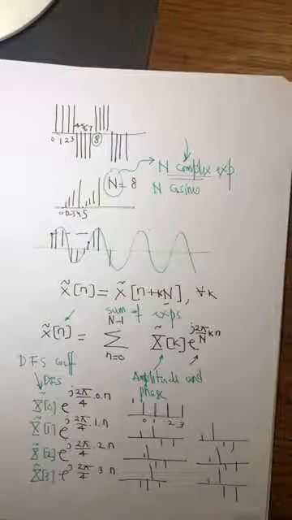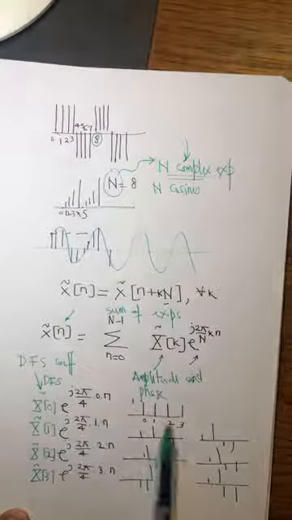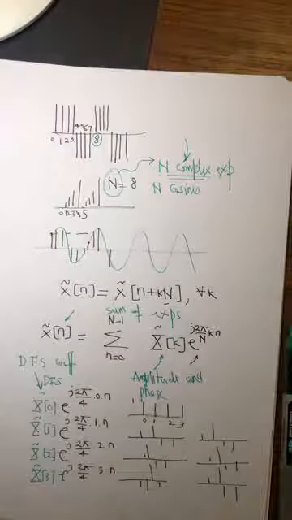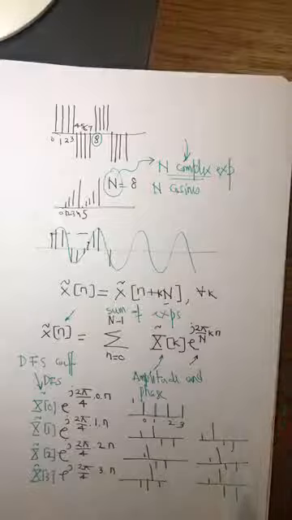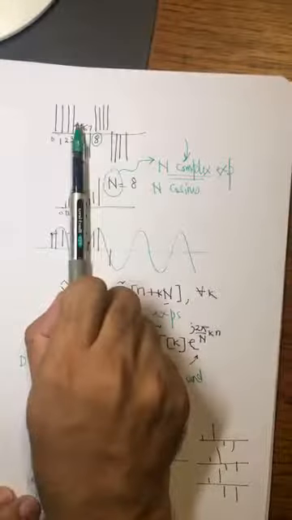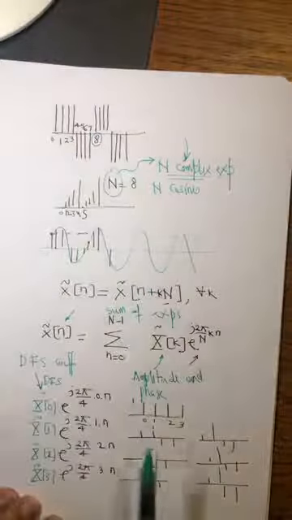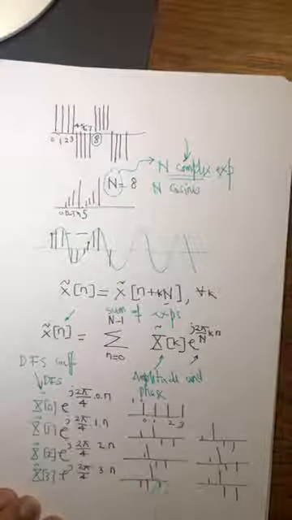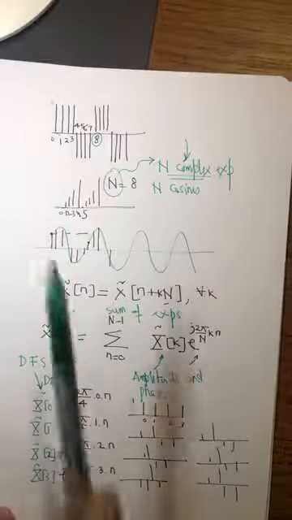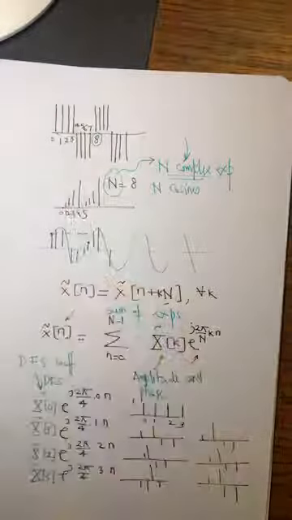If like N is equal to 8, then 8 complex exponentials. You change the shape, the coefficients will change, and it is guaranteed 100%: once you add them, they will make exactly the shape of the signal. So this is the beauty of the discrete Fourier series, that N complex exponentials are guaranteed to make the shape of the signal once you add them up together.